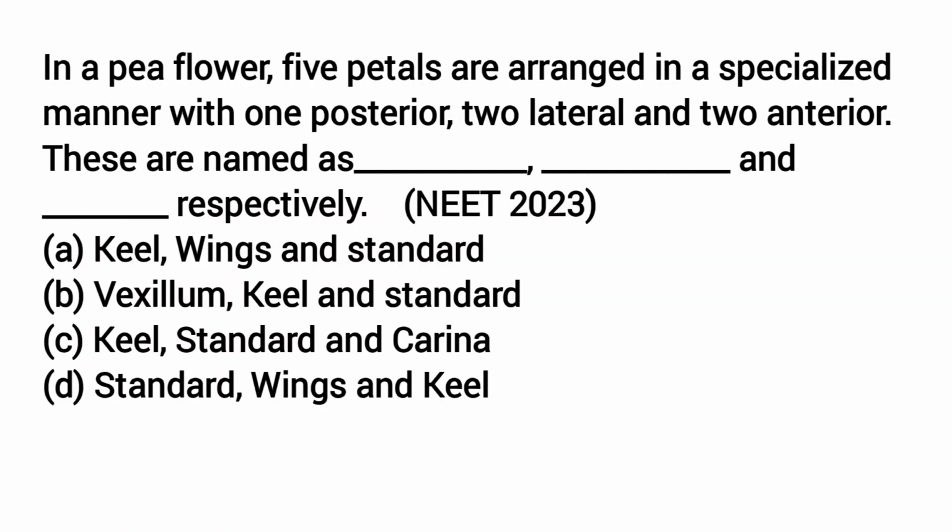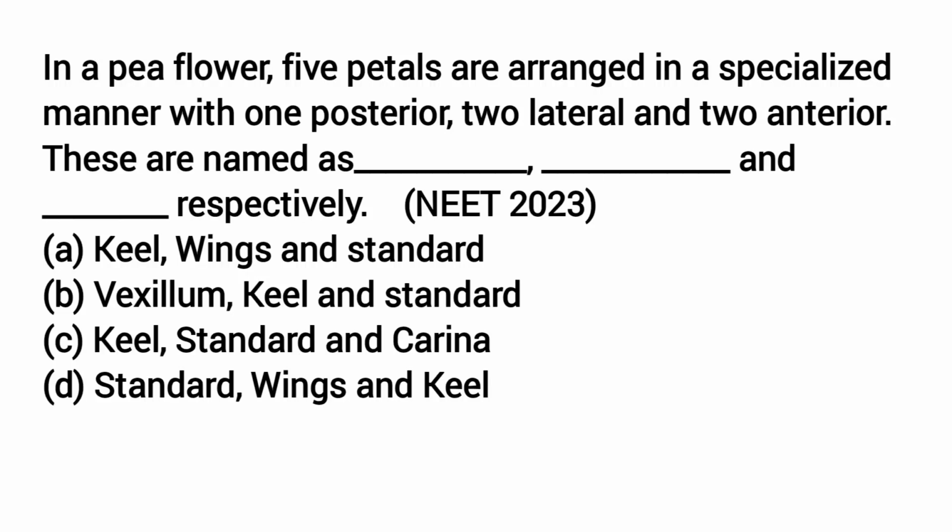We'll move on to the next question, that is, in a pea flower 5 petals are arranged in a specialized manner with 1 posterior, 2 lateral and 2 anterior. These are named as dash and dash and dash respectively. So if you observe the pea flower, it belongs to Fabaceae family, there will be 5 petals arranged in a particular manner, and that estivation is known as vexillary estivation.